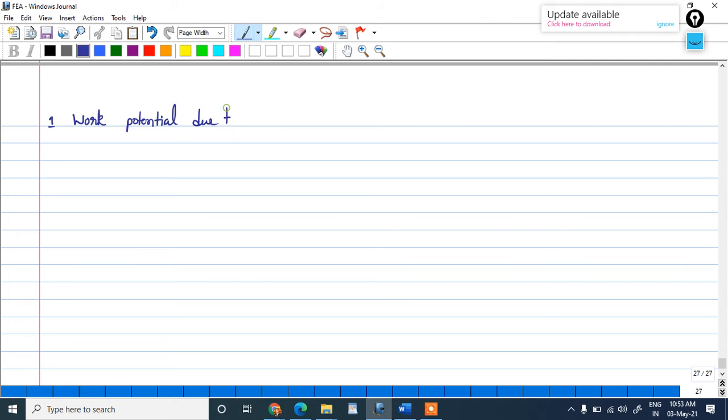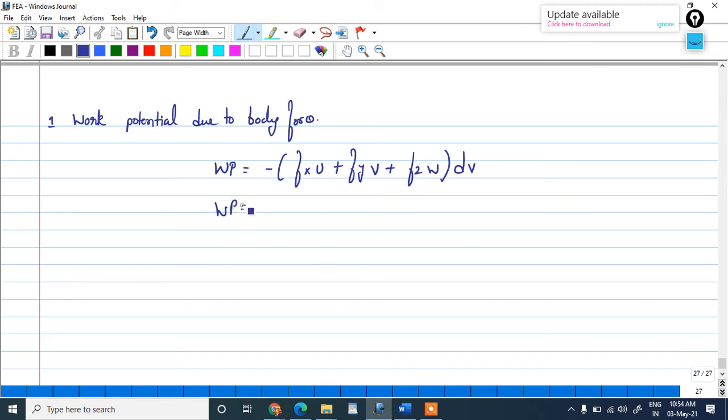For a small element, the work potential due to body force in the xyz directions is equal to negative of fx into u plus fy into v plus fz into w, multiplied by dV.